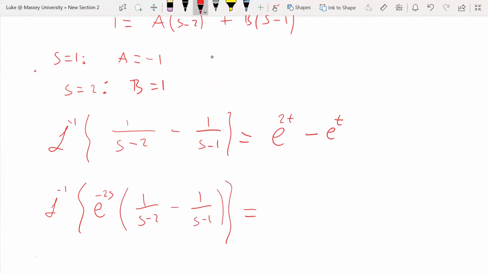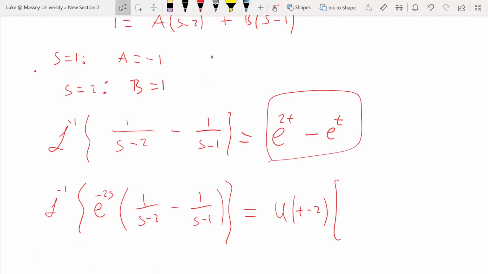Okay, so that is going to be the Heaviside function, t minus 2, multiplied by this thing. And whenever I see a t in this equation here, I'm going to replace it with t minus 2. So e to the 2 times t minus 2, minus e to the t minus 2. Okay, so that was that term.